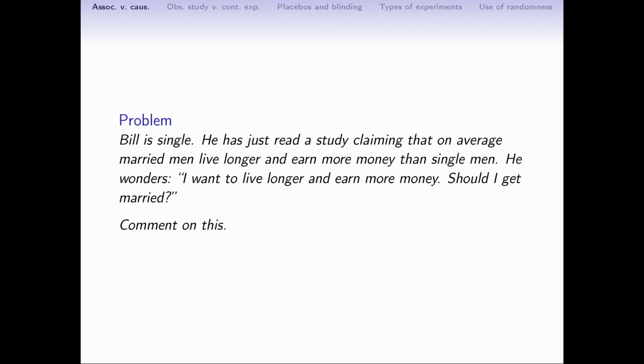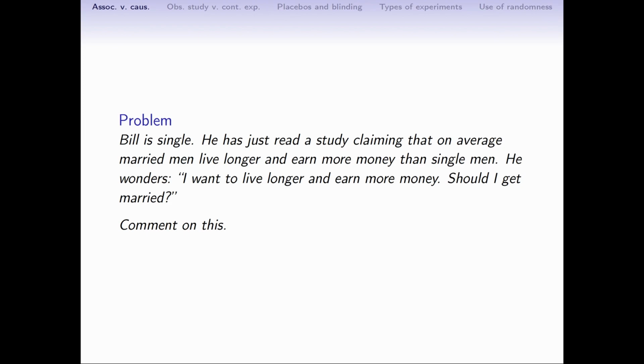In other words, one way to think about this is that the health that you project and the earning potential that you project are things that make you attractive to a future spouse. So, in fact, Bill is not thinking about this correctly. In fact, the causation, if there is any, is probably going in the other direction. So this does not make much sense for Bill to think this way.